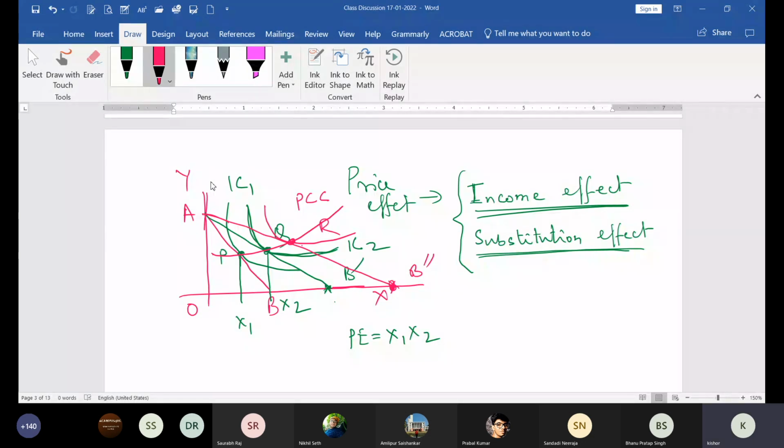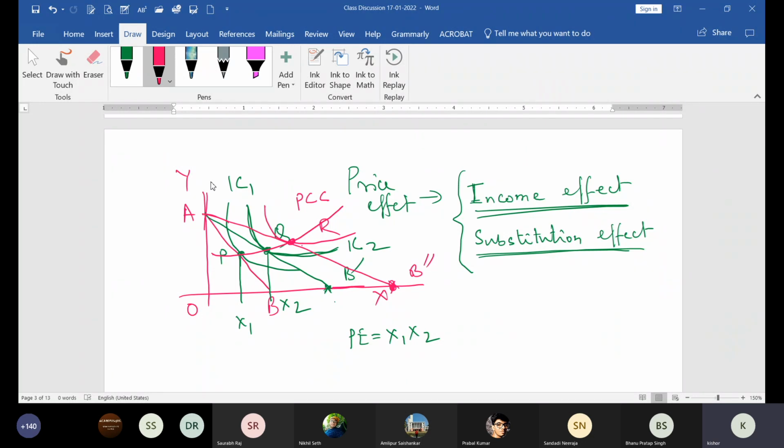This is called the price consumption curve. So it is the price consumption curve, or price effect, and how you can elaborate it. It is the change in consumption basket due to change in price. Change in consumption basket means your consumption of X is increasing by X1 X2.